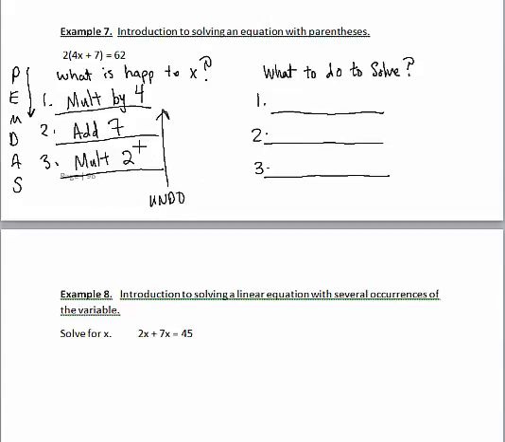First step we need to undo is the multiplication by 2, the 2 on the outside of the parentheses. So opposite of multiplication is division. So we've undone that last step. Next step we have to undo is addition by 7, and so we subtract 7. And finally, undo multiplication by 4, we divide by 4. These are the steps we need to follow in order to solve the equation, get the x by itself.